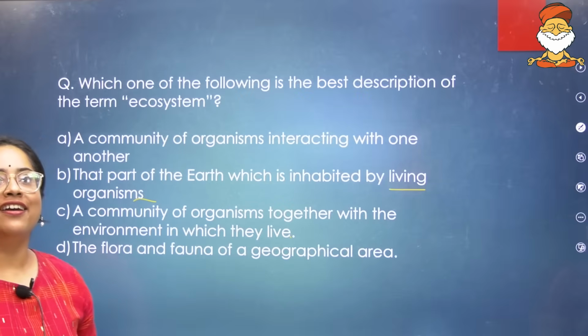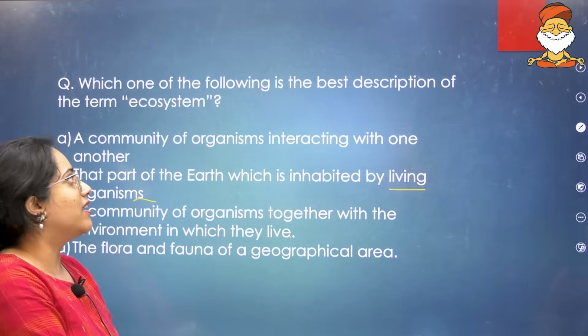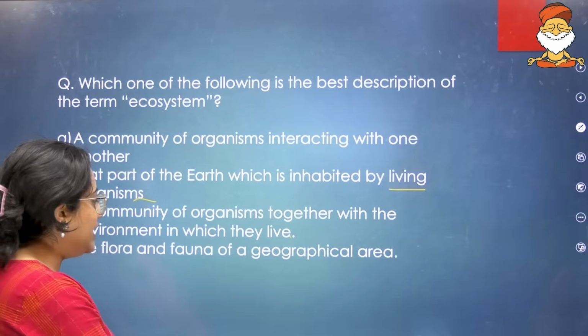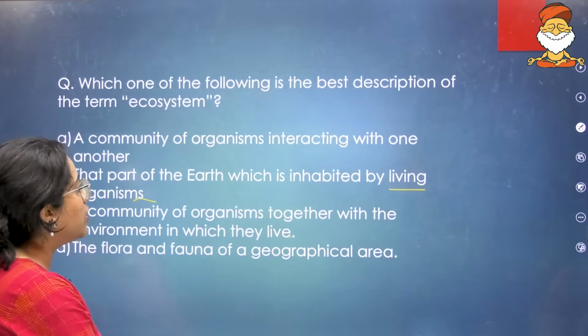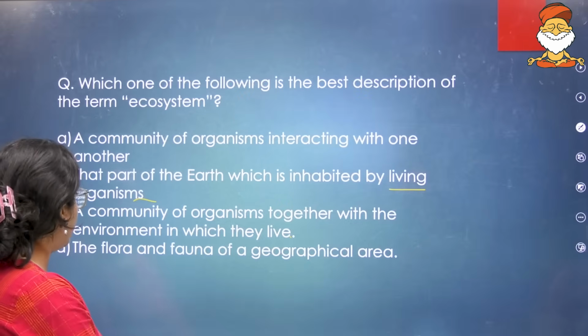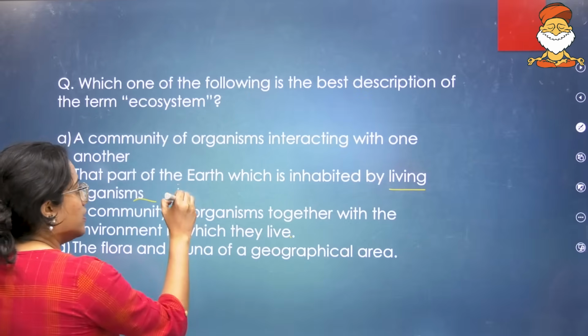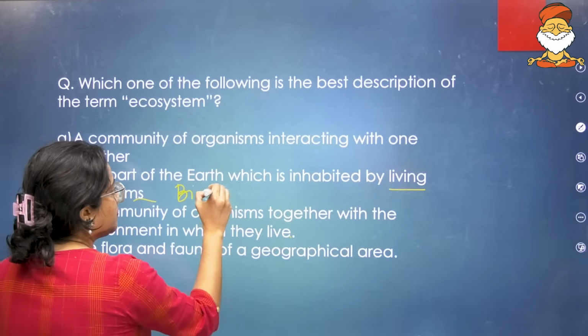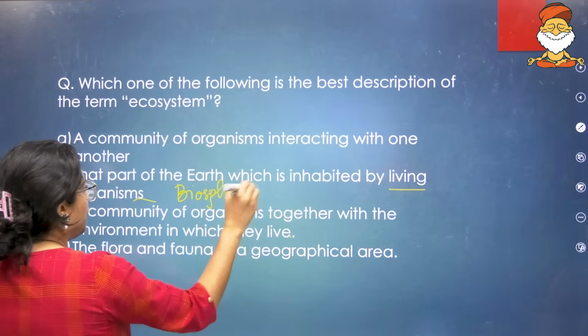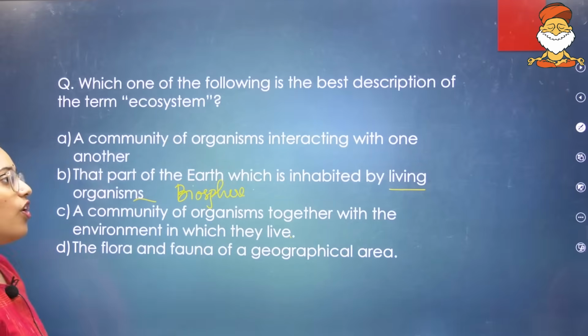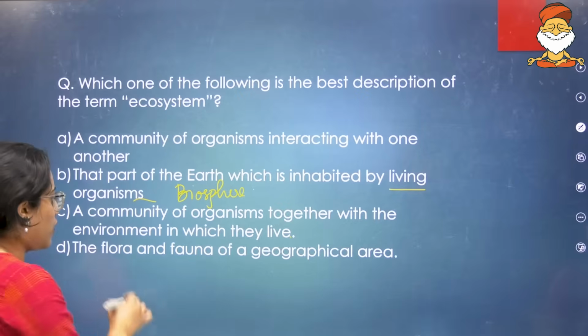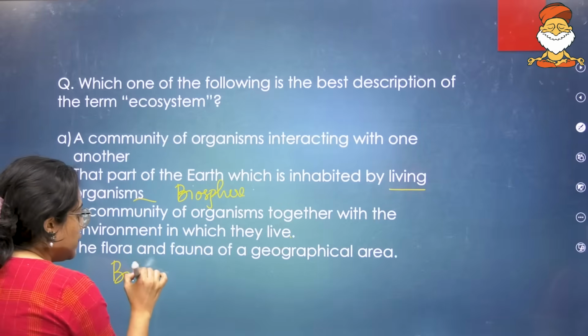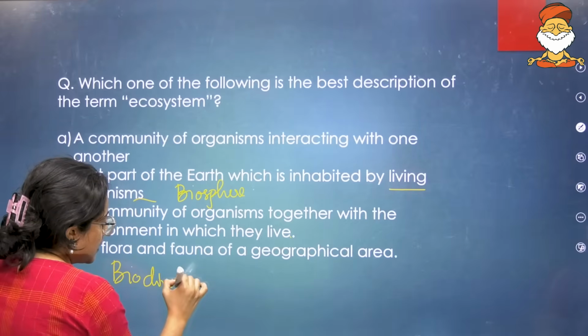Which would be the correct one? So let's take out the ones which we are least bothered about. That part of the earth which is inhabited by the organisms is clearly your biosphere. The flora and fauna of a geographical area is something called biodiversity, which we'll study later.